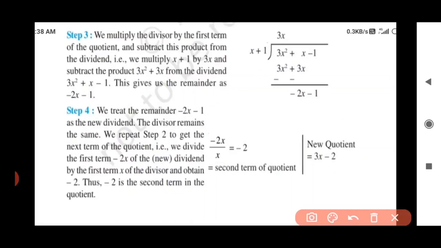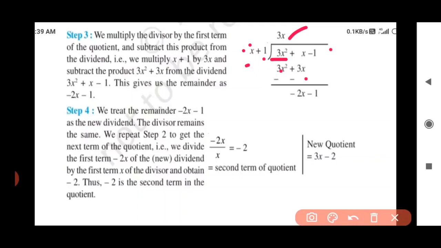So step number 1, arranging the polynomial in the descending order. After that, the first dividend term 3x squared is divided by x, you get the first quotient term 3x. After that, you multiply the first quotient 3x into x, 3x squared, plus 3x into 1, you get 3x.